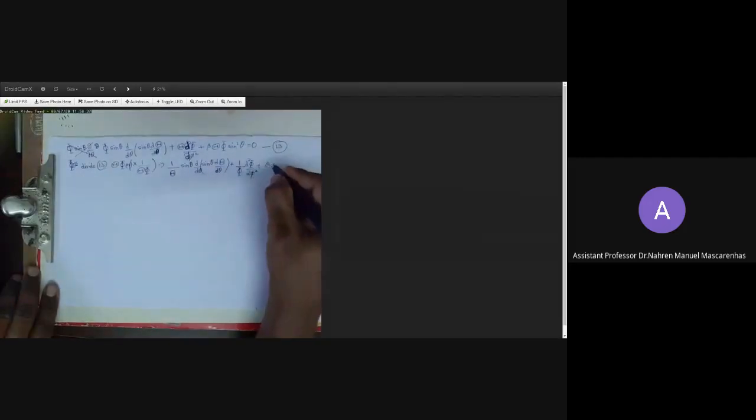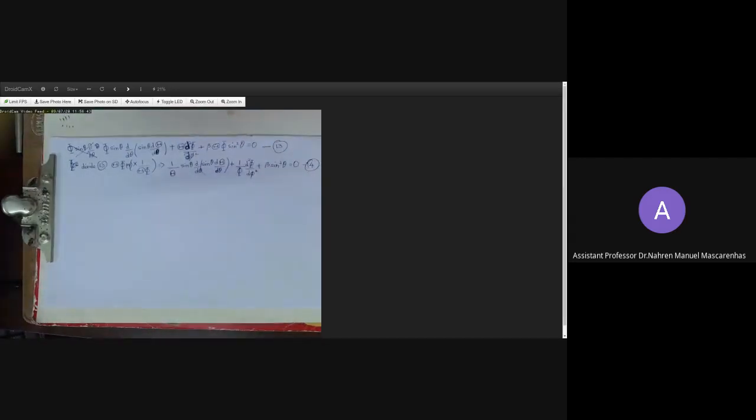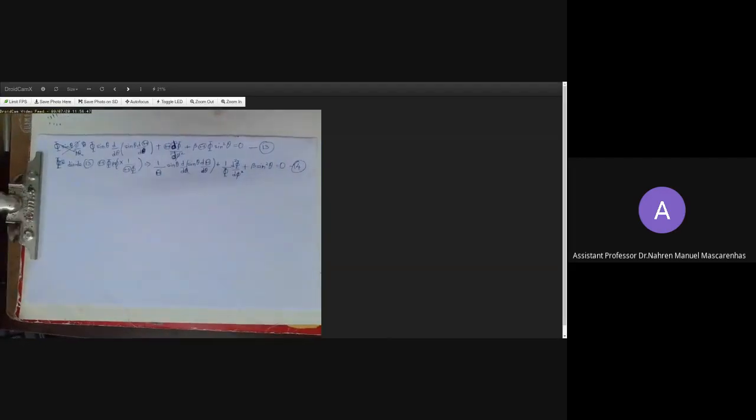So we'll have b sin square theta equal to 0, which will be your 14.